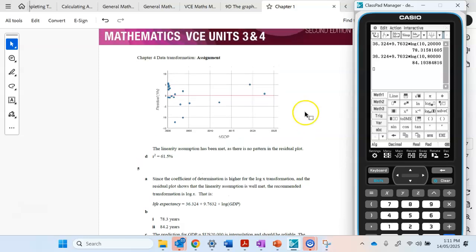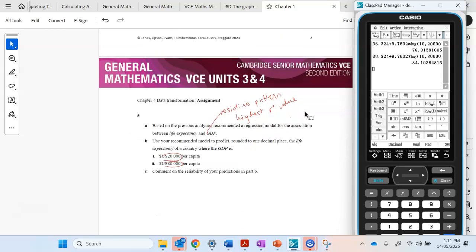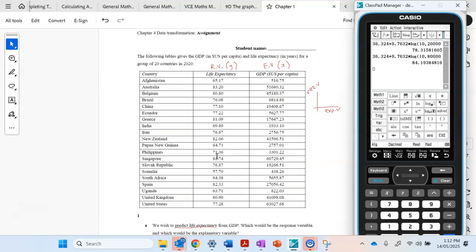Now part 5C is comment on the reliability of your prediction. If you're ever doing reliability of a prediction, it's referring to interpolation and extrapolation. Remember, interpolation is within your data set, extrapolation is outside of your data set. So 20,000 and 80,000, let's go back to our data set.